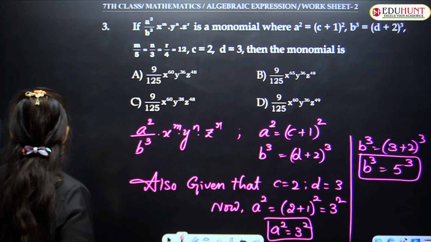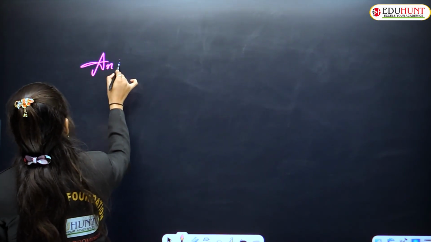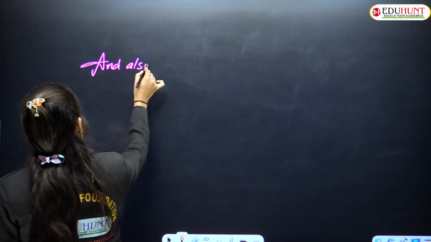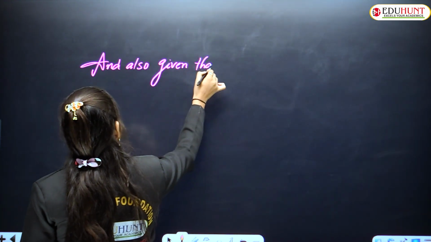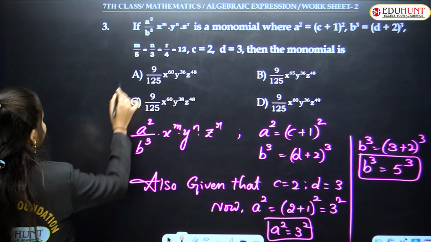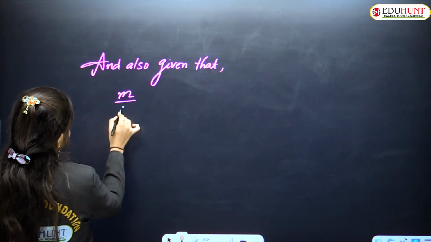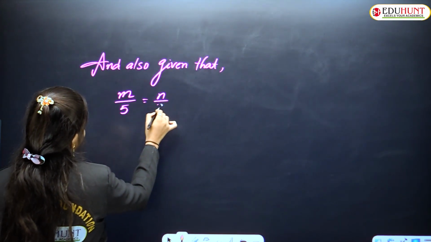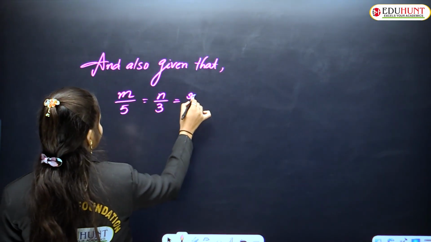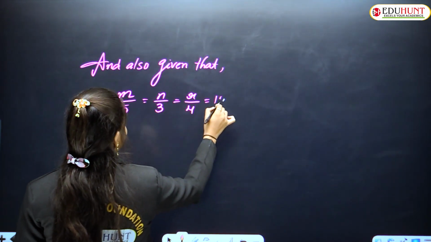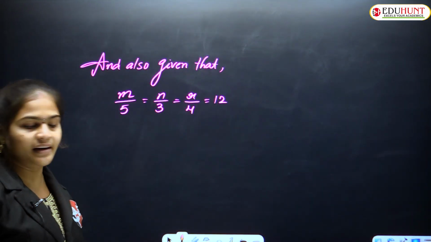Also given: m by 5 is equal to n by 3, which is equal to r by 4, which is equal to 12. By using this condition, we find the m, n, r values.